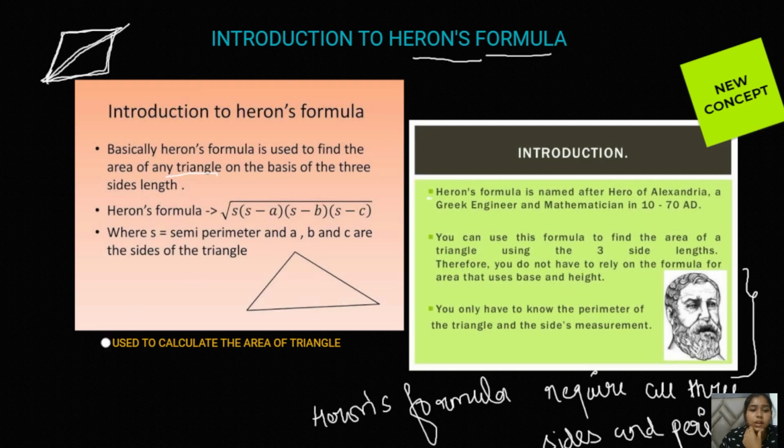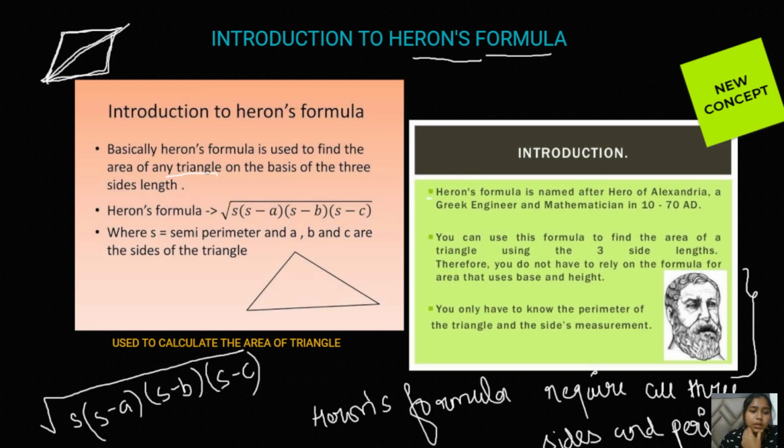Right, so basically Heron's Formula is the square root of S into S minus A, S minus B multiplied by S minus C, whole root. Right, so what does this S mean, what do these A, B, C mean? Let me tell you.